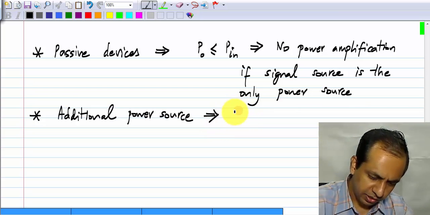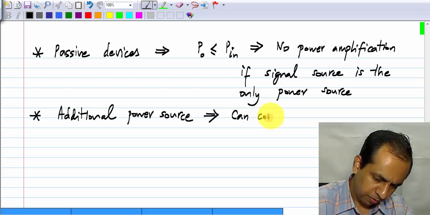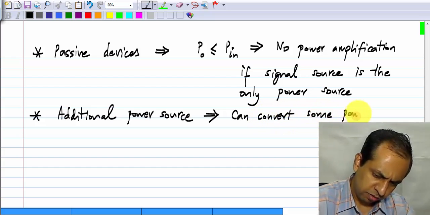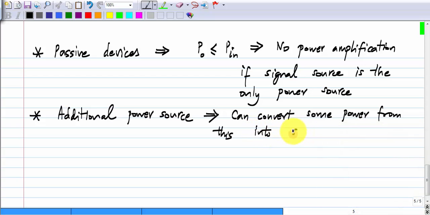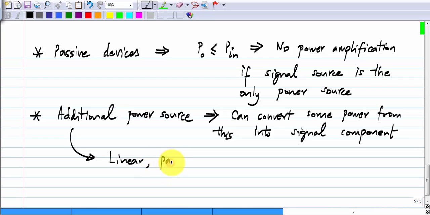The idea behind this is, we can convert some power from this into the signal component. But this also does not work if you have a linear device, and of course, all devices are passive.